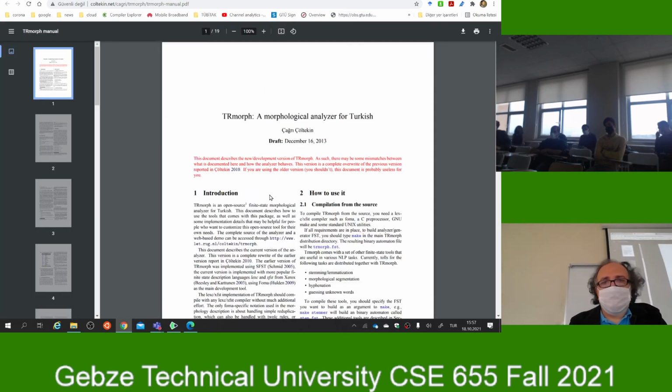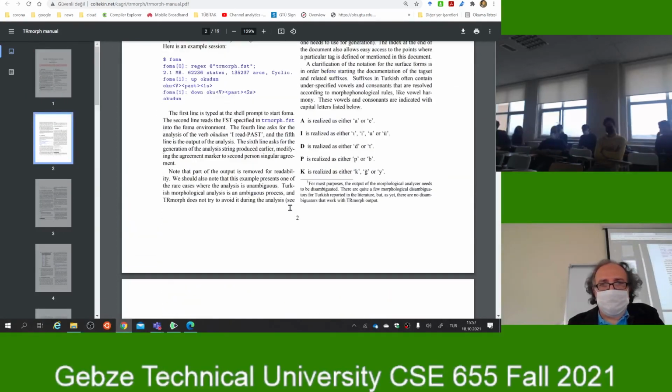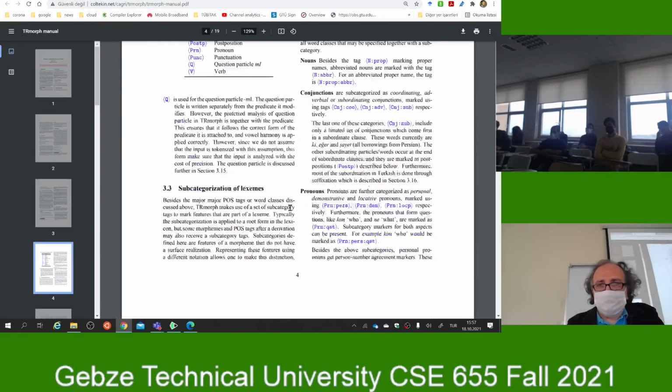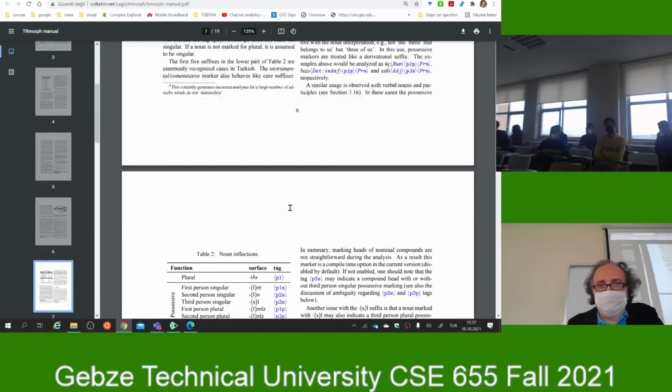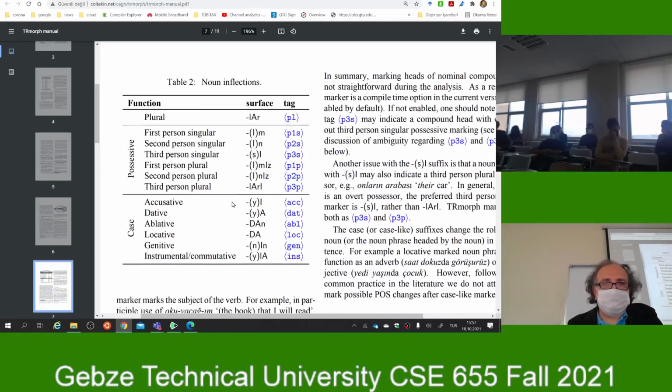So this is the manual, this is the paper itself. This guy did this, and it's a very valuable tool for us. And these are the noun inflections. Possessives, and I think it was this one, right? Third person singular.